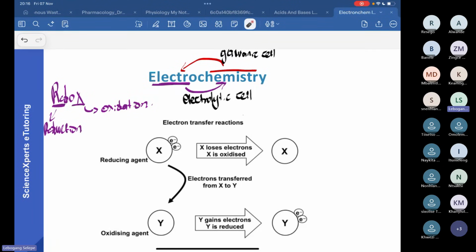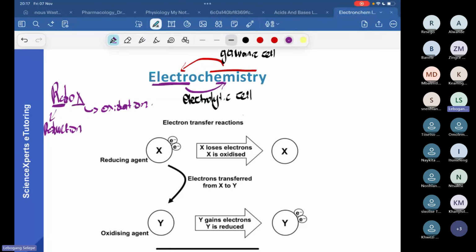So let's take a look at this representation here of a redox reaction. You would have this substance that has excess electrons, or that has more electrons. It loses the two electrons; it gives them to Y. When X loses these two electrons, it changes from X2 minus to X, because it lost negatives, so its oxidation number must increase.